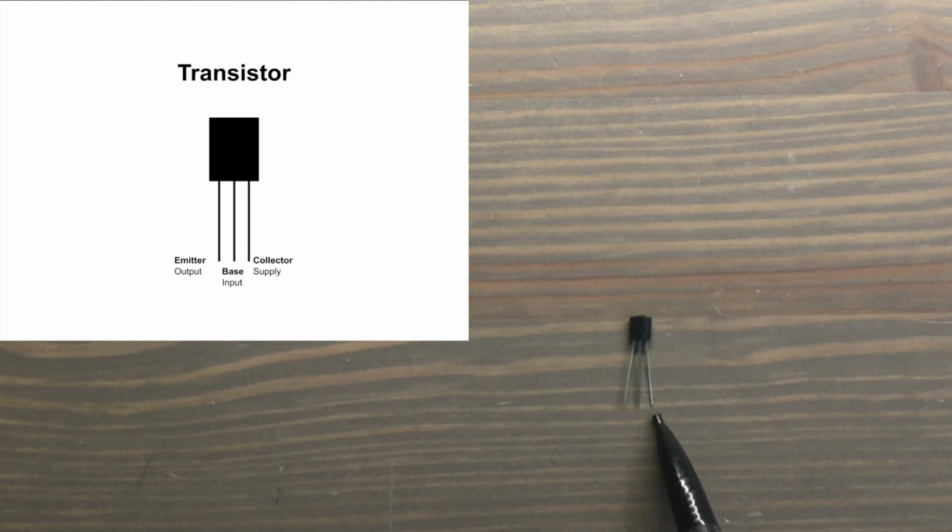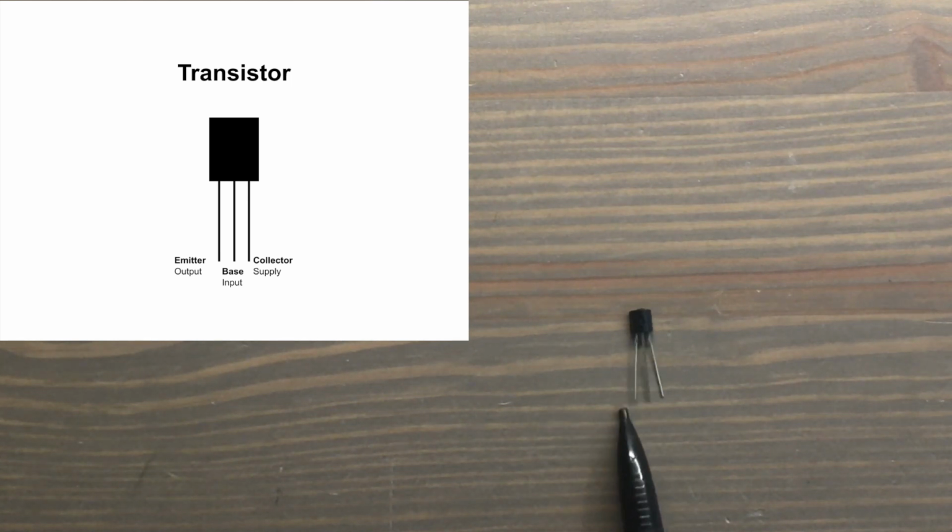The collector pin can be thought of as the supply, so we're just going to hook our current up to this, and then this can be thought of as the input. So when we put power through this pin, it'll allow power to travel from the collector here to the emitter here, and the emitter can be thought of as the output.